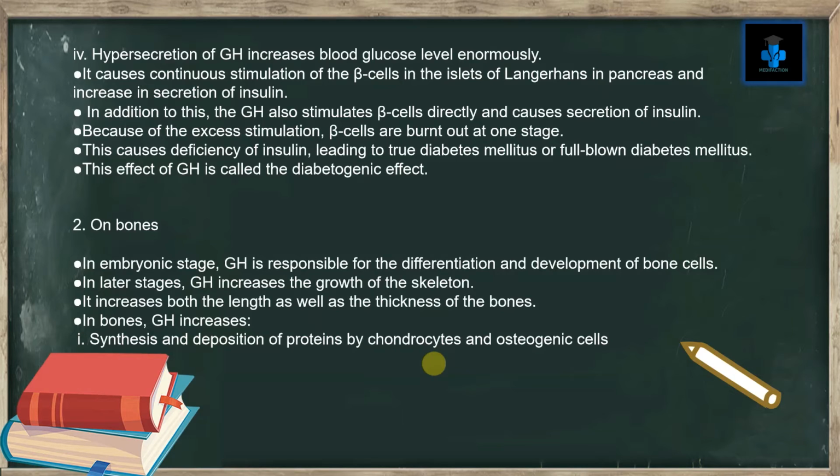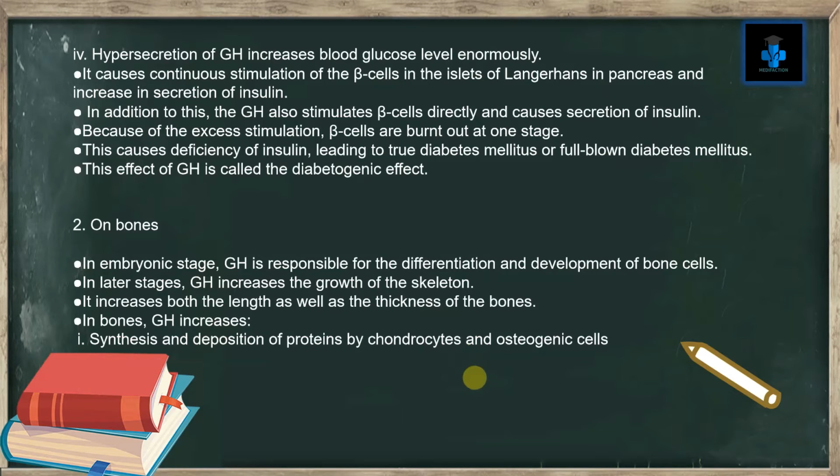Because of the excess stimulation, beta cells are burnt out at one stage. This causes deficiency of insulin, leading to true diabetes mellitus or full-blown diabetes mellitus. This effect of growth hormone is called the diabetogenic effect.